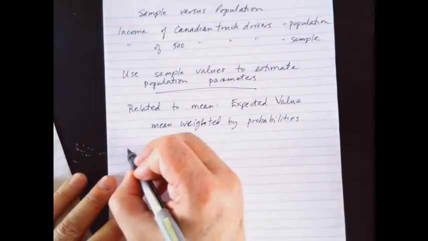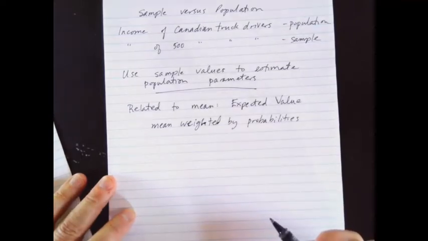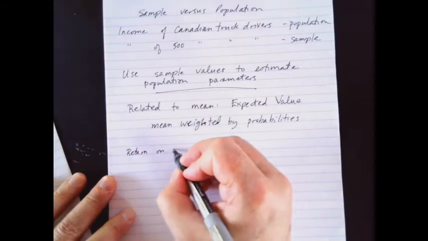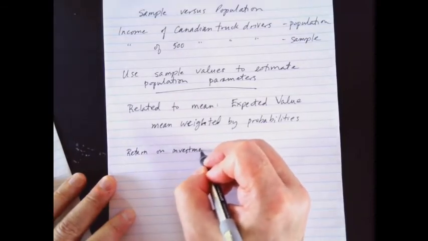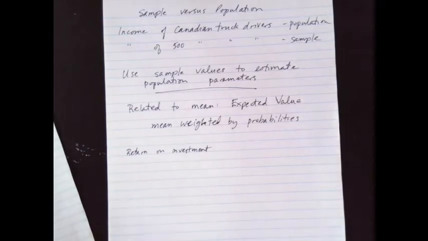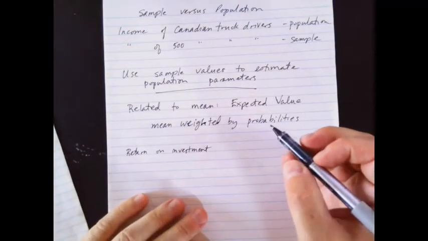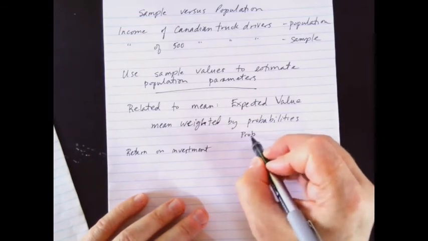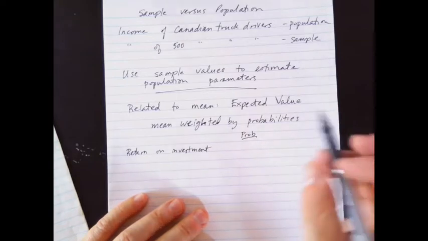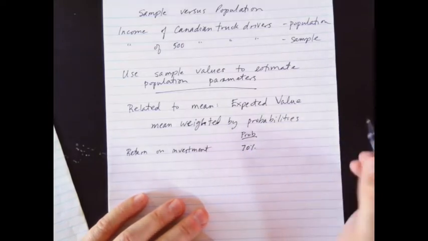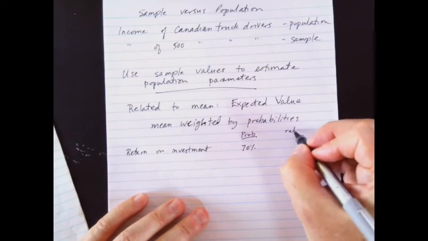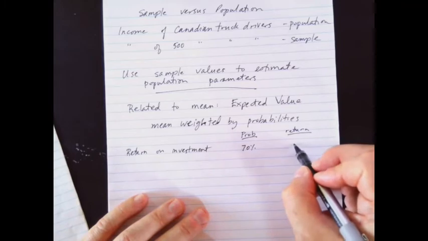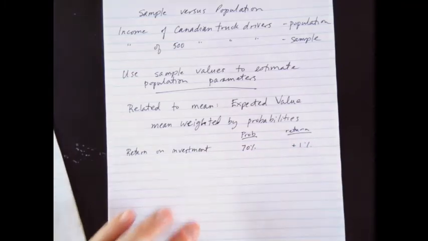Let's say we want to estimate the return on an investment. All right, so you are working at an investment company. You've assembled a portfolio of securities, and based on past data, your expectation is there's a 70% probability that the return on this investment will be 1%.